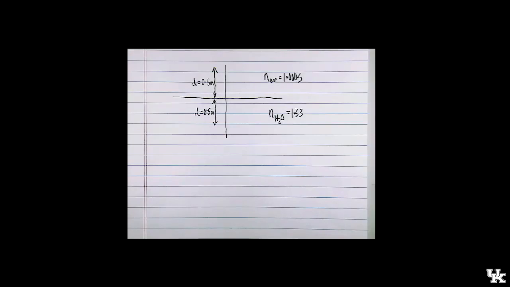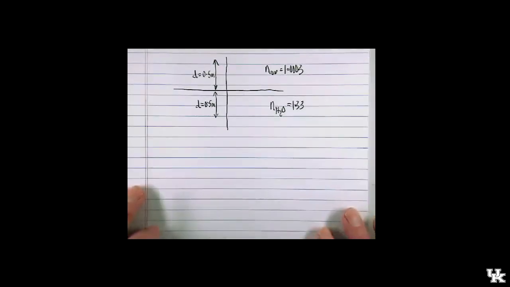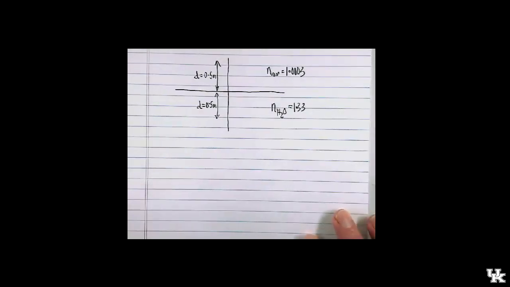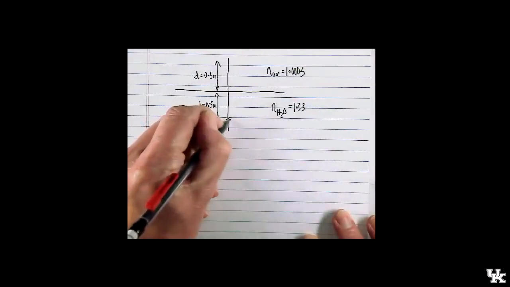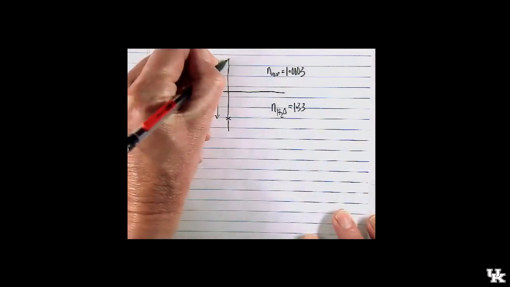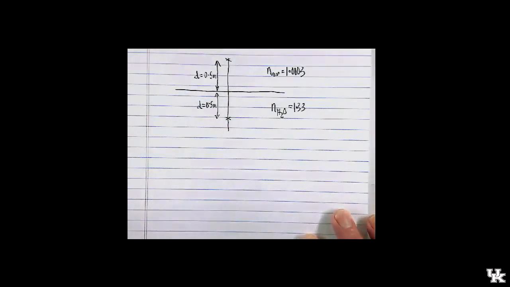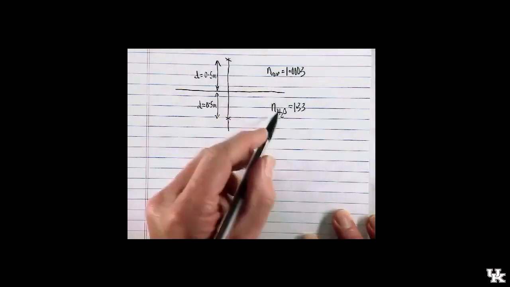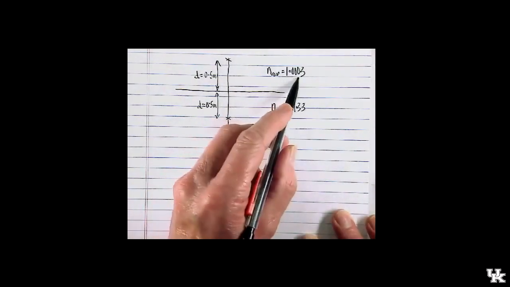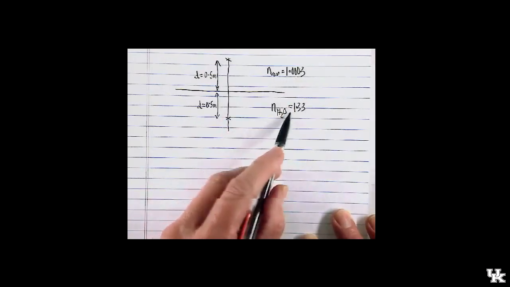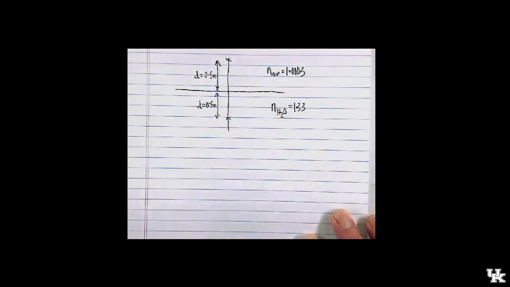So here we are. I've started it off a little bit. The shark is down here. I'm up here. The horizontal line is the boundary between the water and the air. Here are the refractive indices: essentially 1 for air, and 1.33 for water.